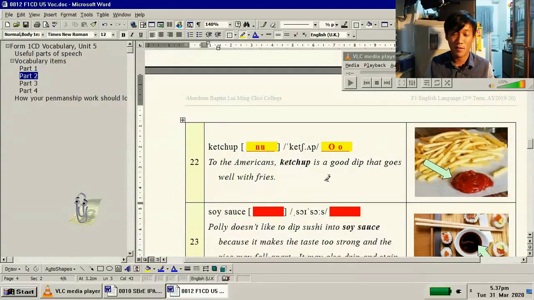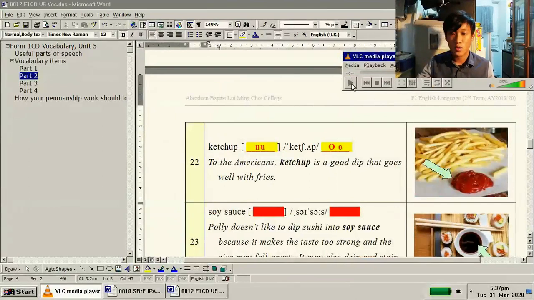I'm not sure if you like it, but most of the Americans do. Okay, let's practice reading. Ketchup. To the Americans, ketchup is a good dip that goes well with fries.